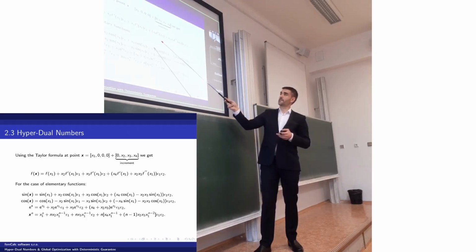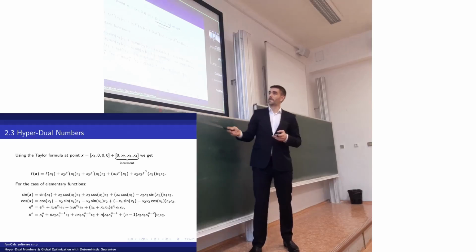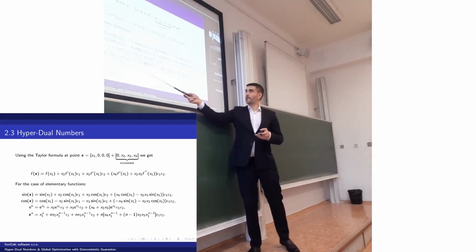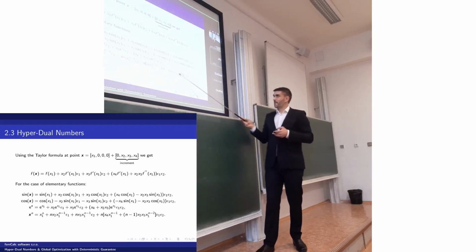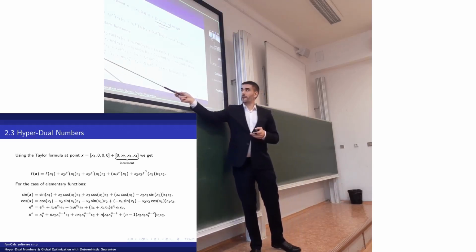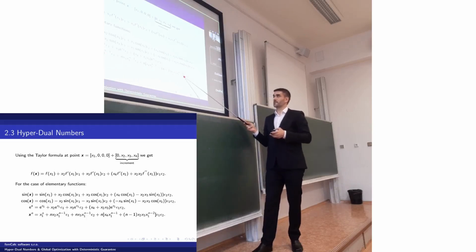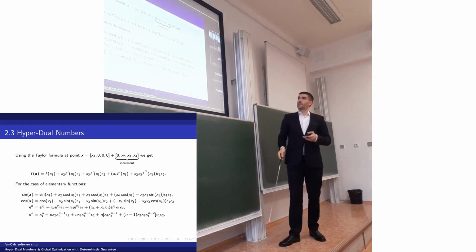And now if we set for the function f, which is arbitrary, for example, sine, cosine, exponential, power, then we get the explicit formula, where we can put in a hyperdual number and get a hyperdual expression, or an enlargement of the definition of standard functions. So this is how it is used.